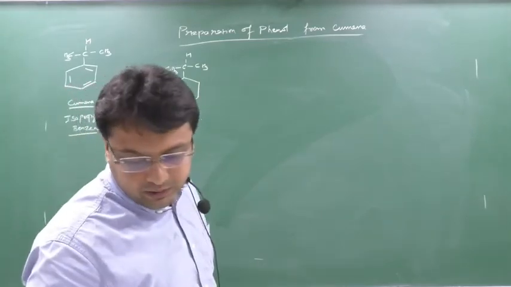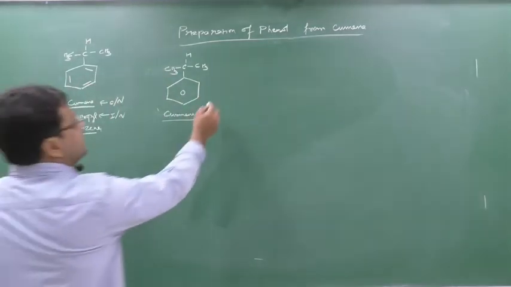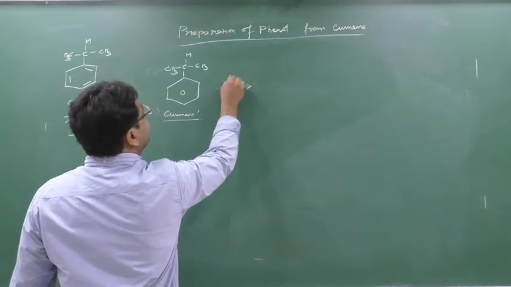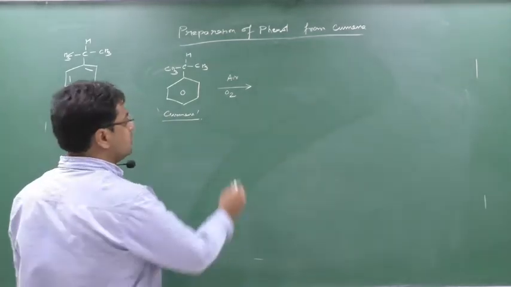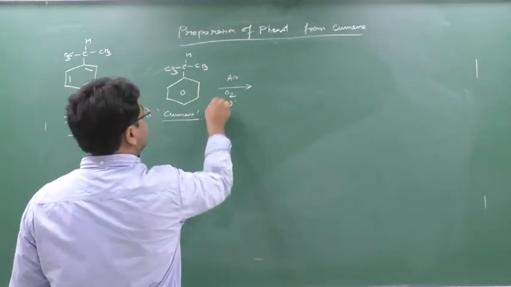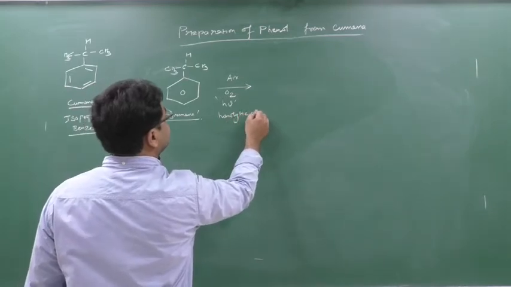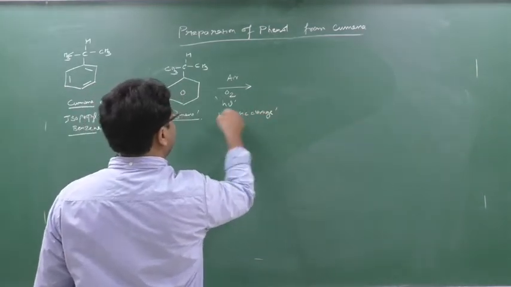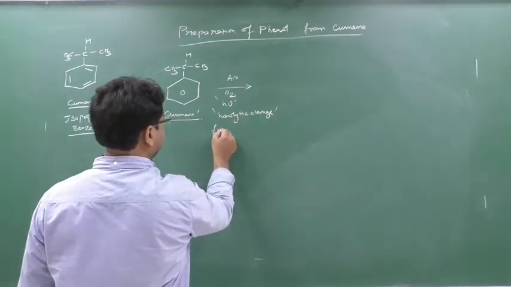Now this cumene, what I will do? I will react with air. Air will provide me O2 in the presence of sunlight. When sunlight means here homolytic cleavage will take place. And when homolytic cleavage will take place means here there is a free radical mechanism.